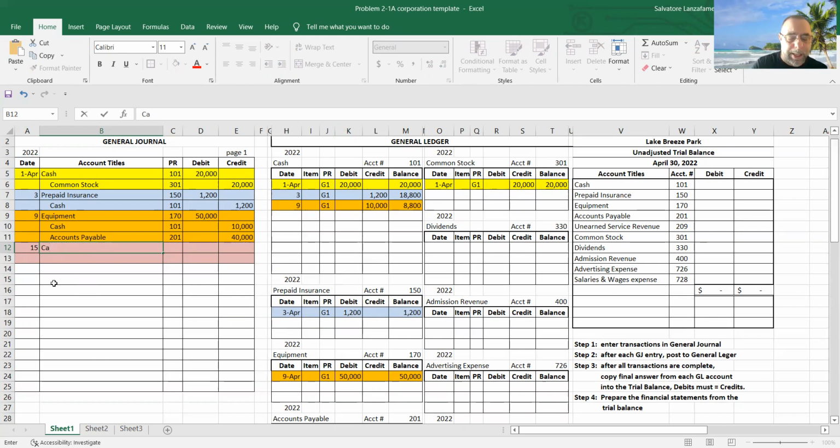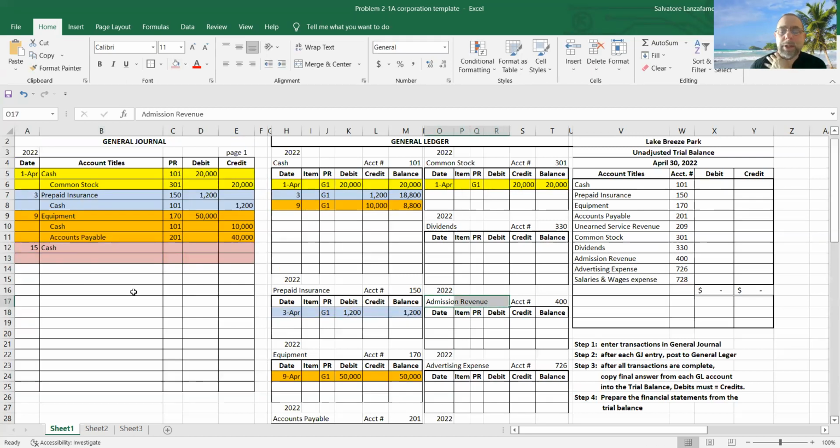We're going to debit the cash and we are going to credit our revenue account, right? And it looks like we're at an amusement park, Lake Breeze Park. So the way we perform a service is by people coming into our park. So the only revenue account that we have here is admission revenue.